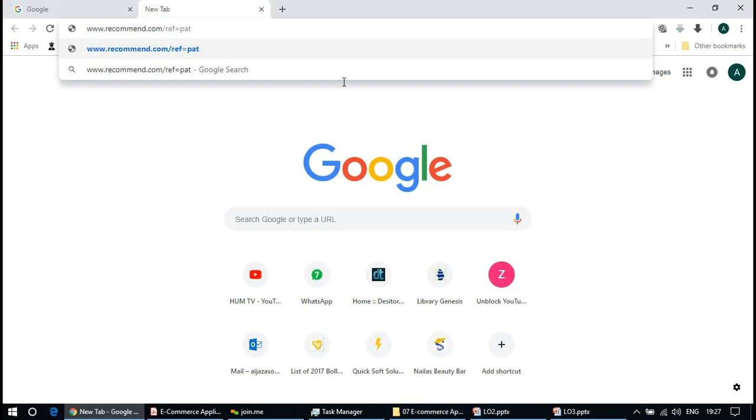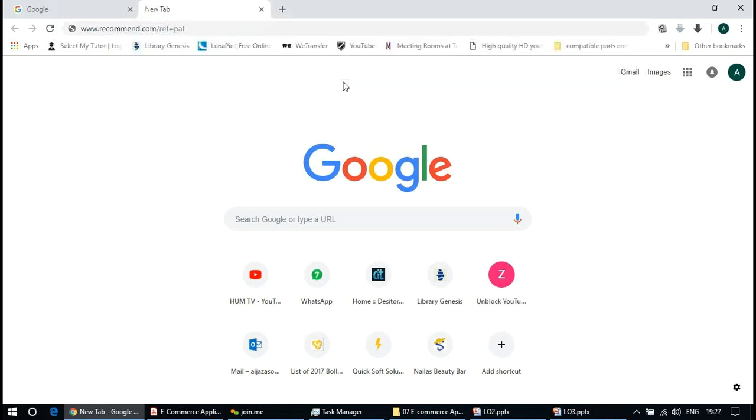So at the time of the submission to the website, if you send me this via social media and you are asking me to join recommend.com, then recommend.com would automatically retrieve the name of the person, for example Patrick, and the commission would go automatically to Patrick.